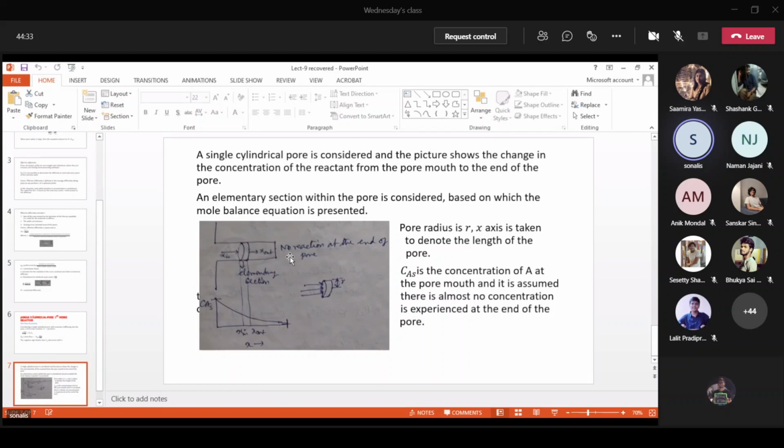So CAS is the concentration of A on the external surface of the catalyst. It is continuously decreasing, and at the end of the pore it is almost zero.